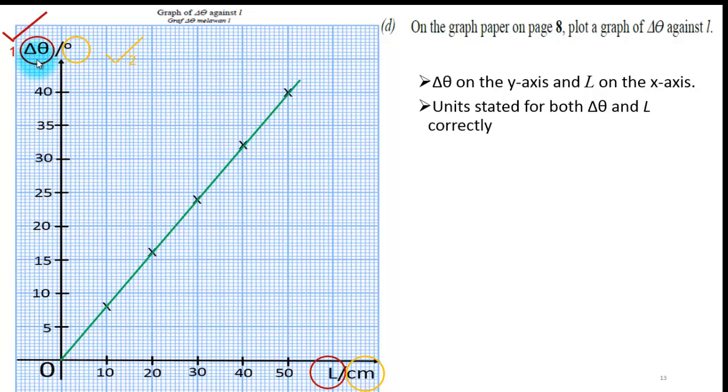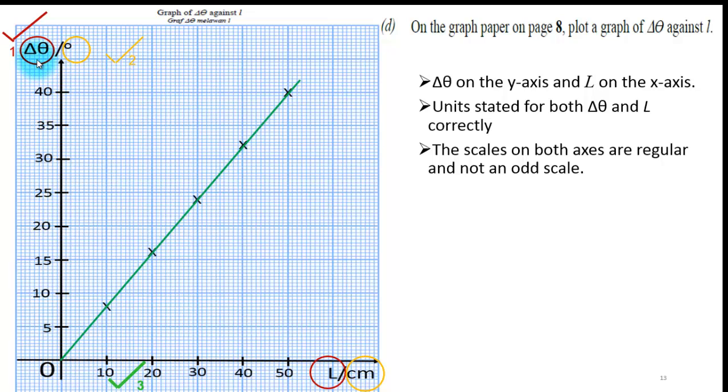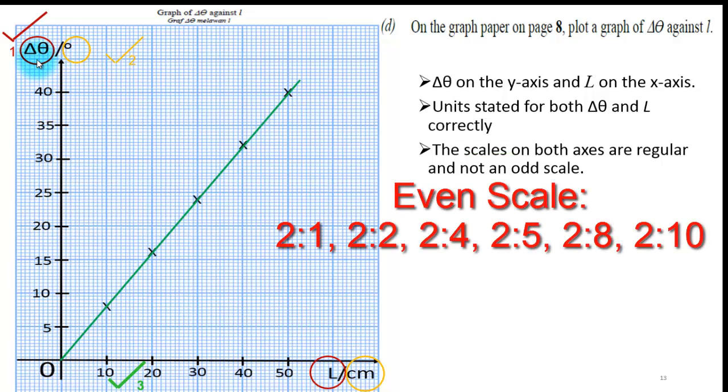The third tick will be for the scale. So you must use an even scale for both axes, just like this. The horizontal axis, you can see it is an even scale, and the vertical axis is also using an even scale. Even scale means you can use 2, 4, 6, 8, or 5, 10, 15, 20, or 10, 20, 30, and so on.